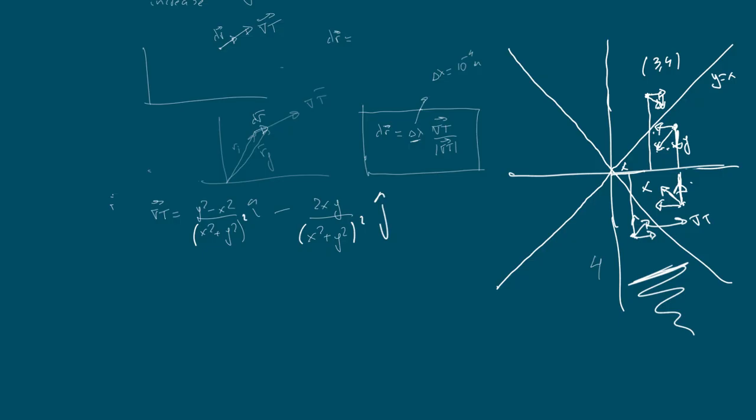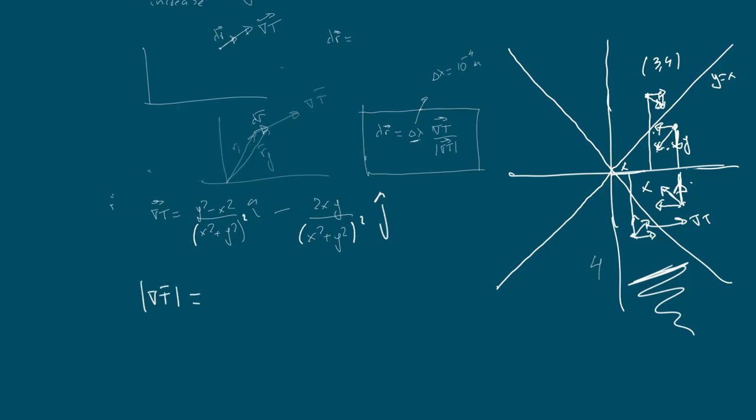So we said that we will write this equation: the change in R equals delta lambda times the gradient of T divided by the magnitude of the gradient of T. Let's find the magnitude of the gradient of T to make sure that we can do it.